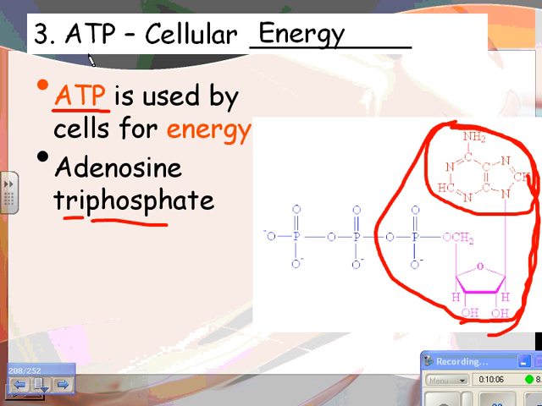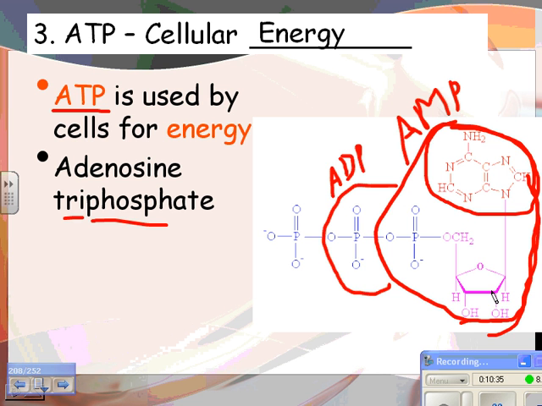So ATP, first of all, is not a polymer. It's a monomer. It's a nucleotide. But the weird thing is that instead of having just one P, it's got three Ps. If you had just one P, it would be called AMP. If you had two Ps, it would be called ADP, D for di.